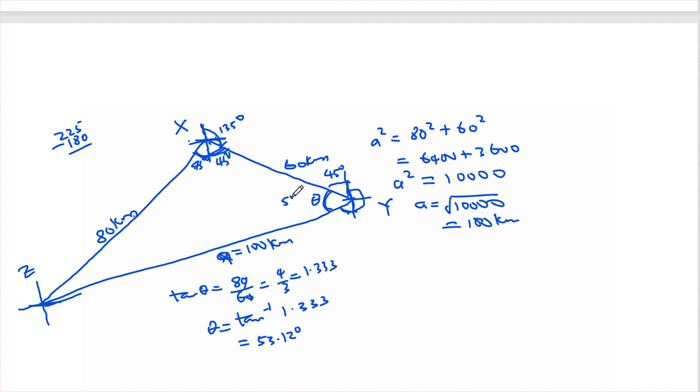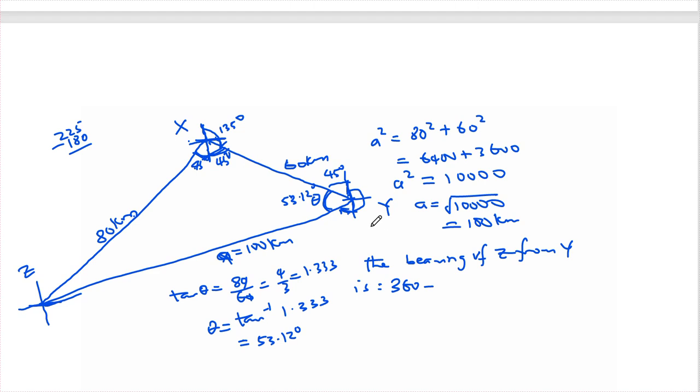Shift tan of 1.333, and that is 53.12 degrees. So here is 53.12 degrees. Now the question is, why am I doing all of this? If you notice, all these angles now, both the bearing, 45, and this, all of them make up the angle in a circle, which is 360.